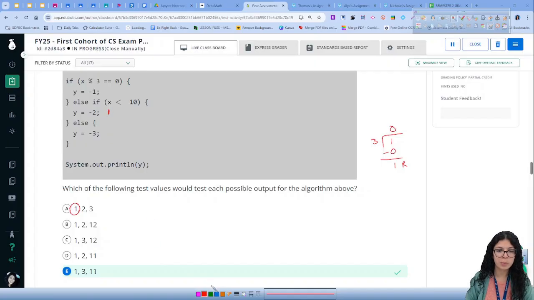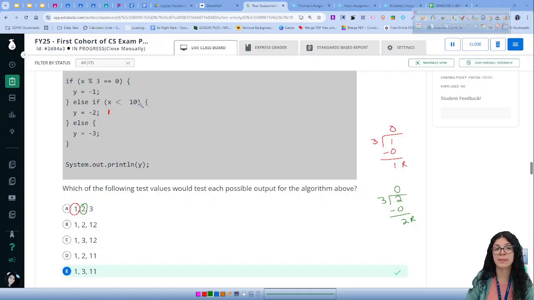Now, I can continue with this same strategy of just going ahead and seeing what the values give me. So let's see what 2 ends up testing. In the first if, I check 2 mod 3, which again will not be 0. 3 goes into 2 0 times, but this time the remainder is 2. Either way, as long as the remainder is not 0, then that first condition will be false. So 2 equal to 0 would be false. So then we go to the else if.